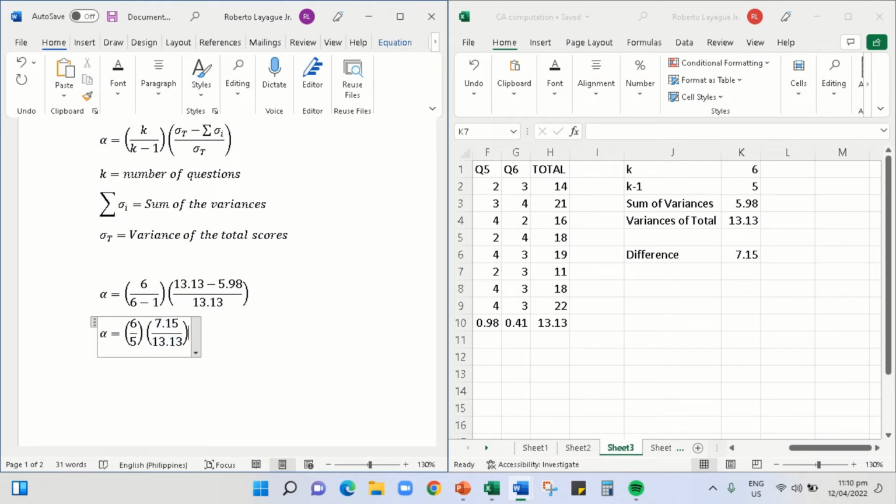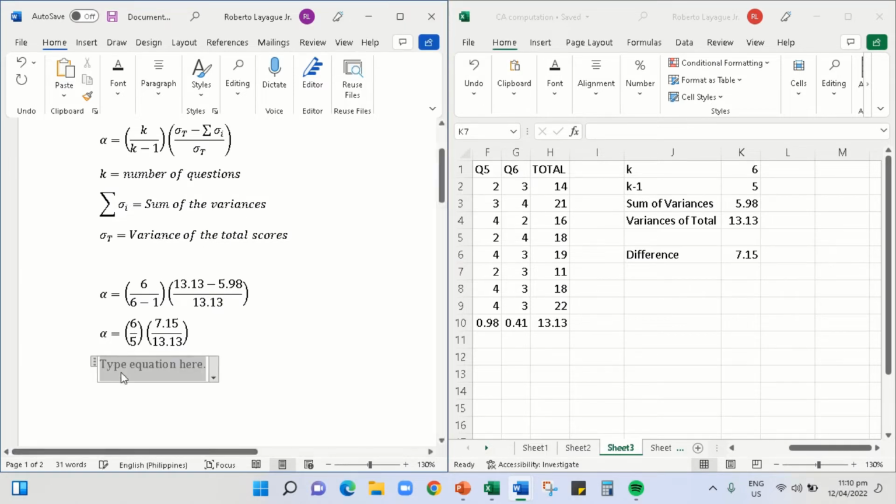13.13. So let's have now the division. So let me have that, writing that alpha.